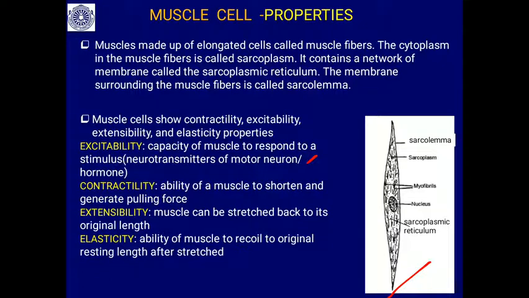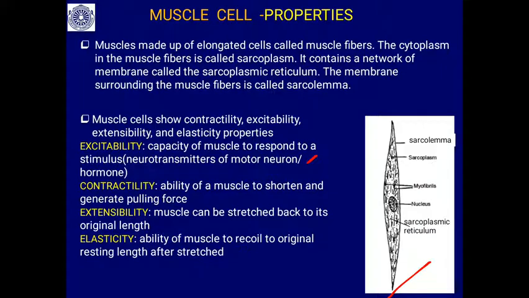The muscle will contract in response to the stimulus of a neurotransmitter. When the neurotransmitters are released on the surface of the muscle, it contracts. Also hormones make it contract. You will find the oxytocin hormone brings about uterine contraction and expels the baby out. The uterine muscle contracts and expels the baby out during parturition. So that is what you have studied.